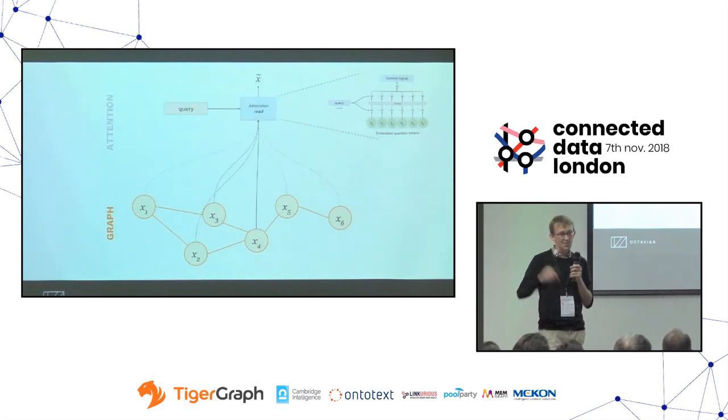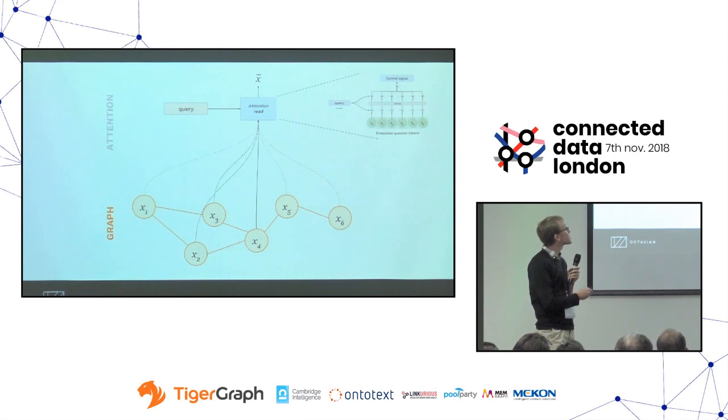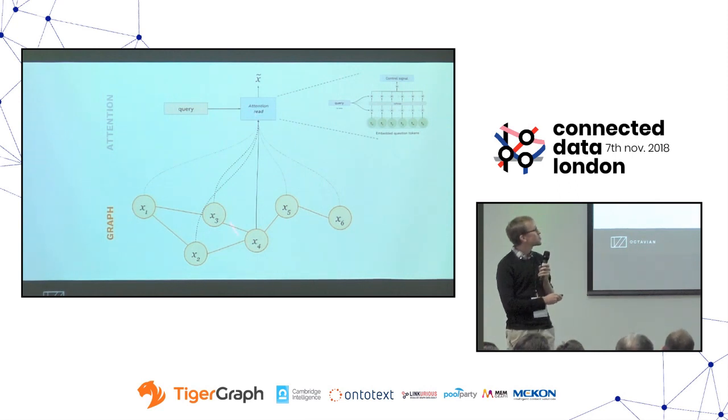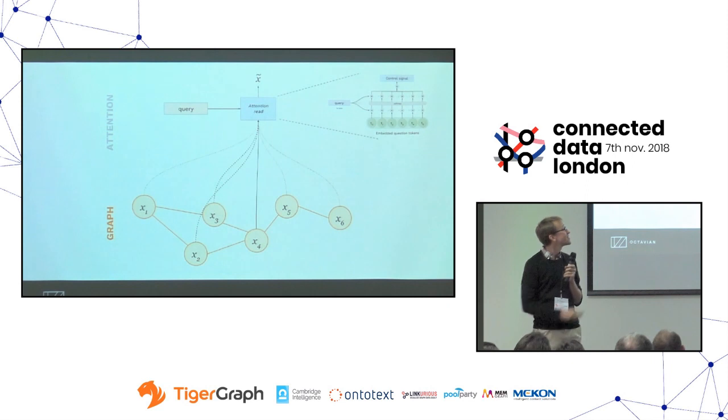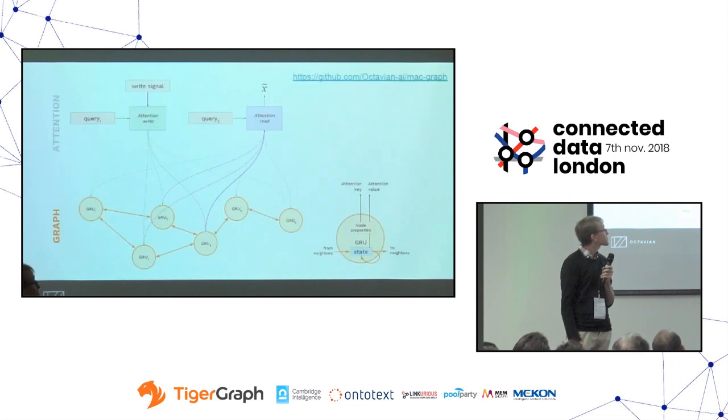Then at the end, okay, we can crank our handle and we think that the algorithm has figured out the answer. We somehow have to read out the answer. So now we do an attention-based read. We have this list, which is all of the nodes or all of the edges going into our attention. We have the original query again. And we say, which of these nodes looks most like the answer to the question? And we pull it out.